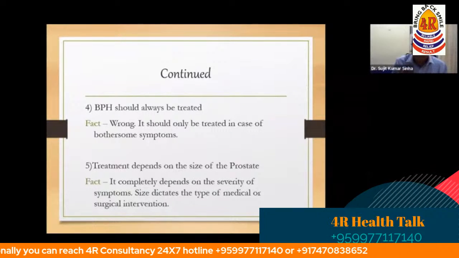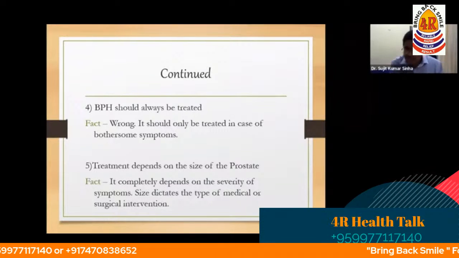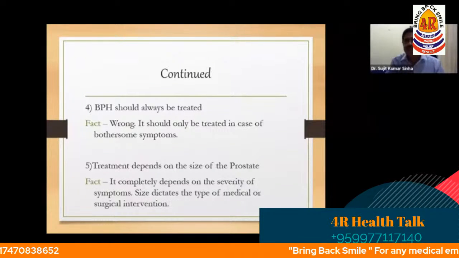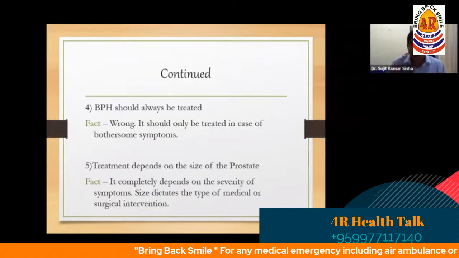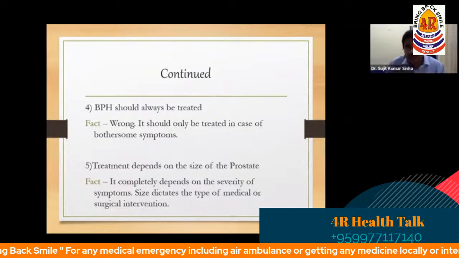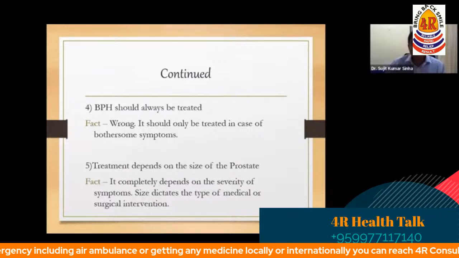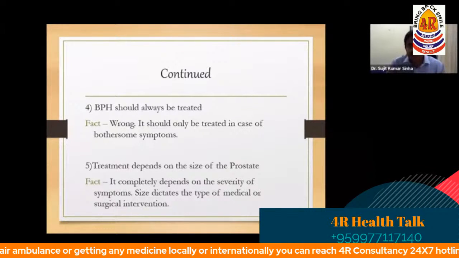One is the alpha blockers, which includes tamsulosin, alfuzosin, silodosin. These alpha blockers cause relaxation of the prostate. They are mainly effective in small prostates. While if it is a large prostate, then we have another group of drugs, the 5-alpha reductase inhibitors. 5-alpha reductase inhibitors cause a shrinkage of the size of the prostate.